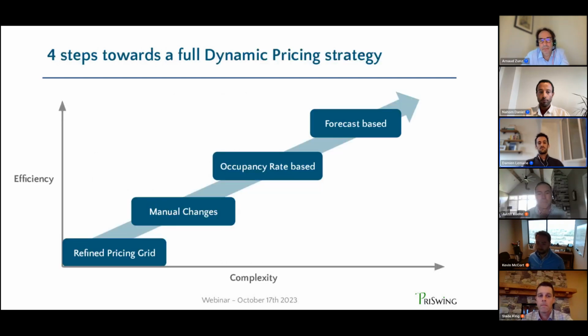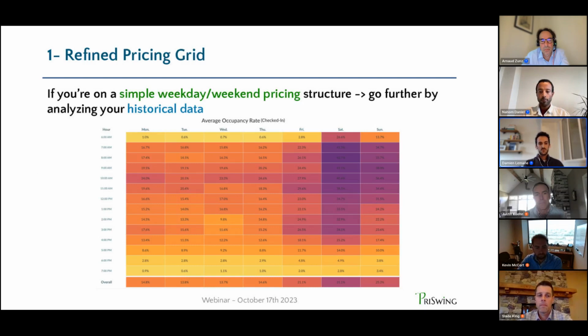Now let's go into more detail on what you could do operationally to go from a fixed pricing grid to a fully dynamic pricing strategy in different steps that you can implement depending on where you are right now in your current strategy. The first one is what we call the refined pricing grid.